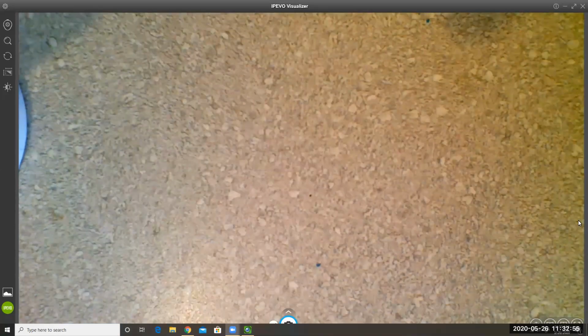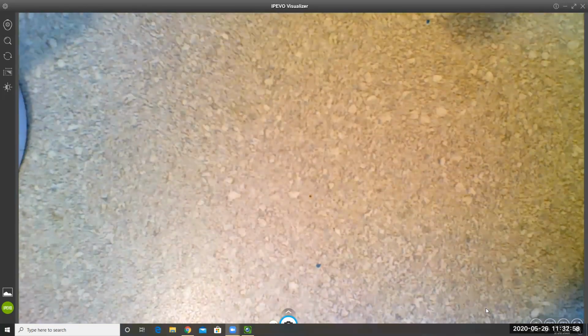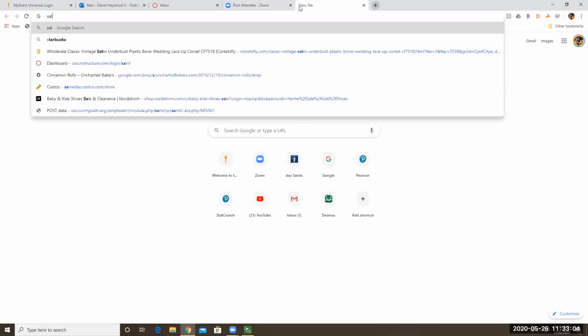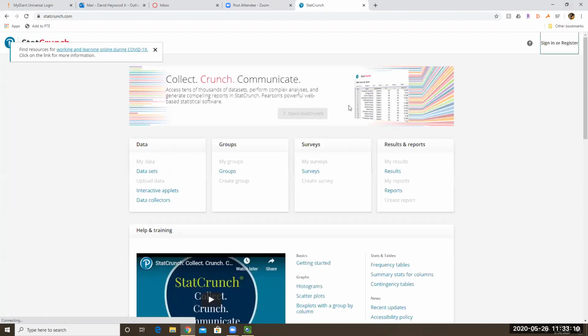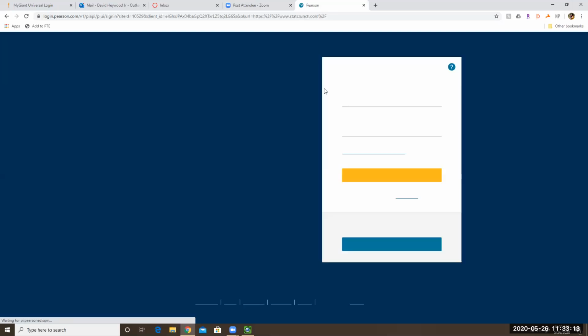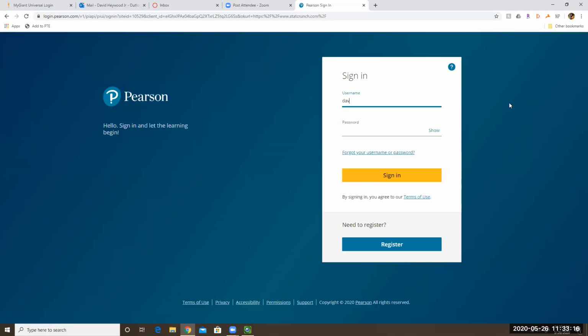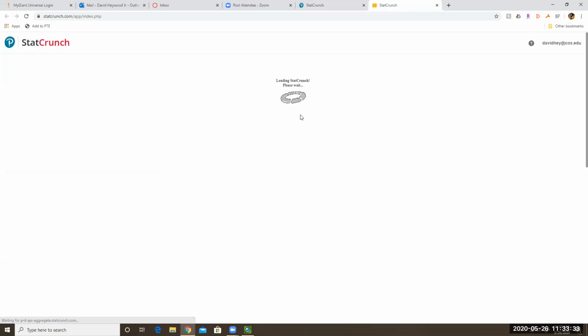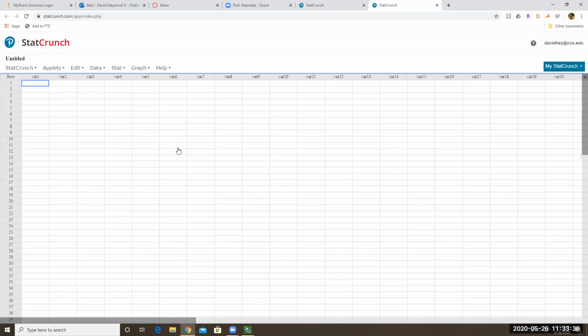Okay, so we'll open up StatCrunch. You can just go to statcrunch.com and then sign in with your MyMathLab, your Pearson username and password. And then, of course, to actually do anything in StatCrunch, you have to click this button here that says Open StatCrunch, and that takes you to the spreadsheet.